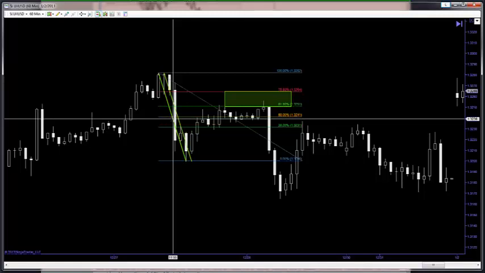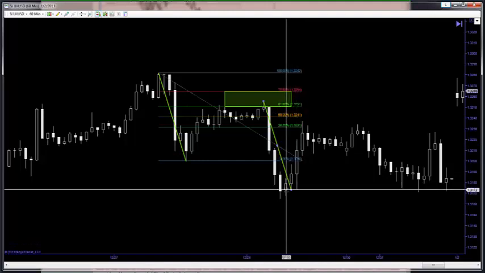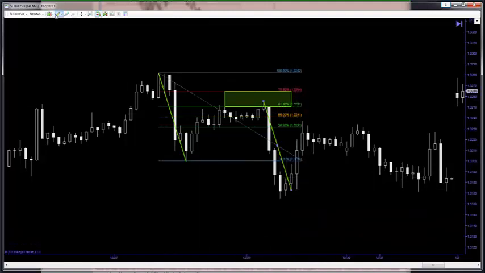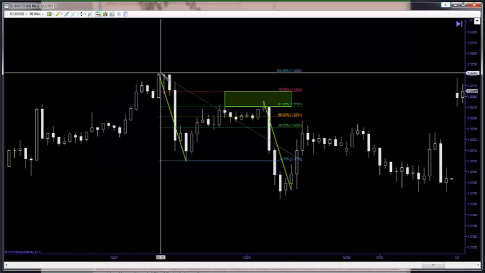Okay, and then we have our expected projections down into the price reversal zone. We go ahead and extend our extensions from the high to the low.